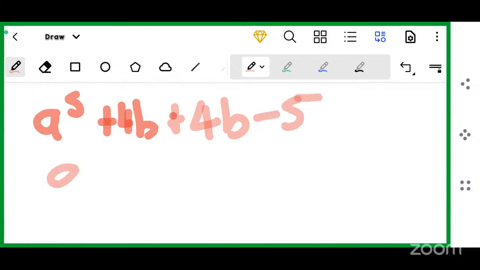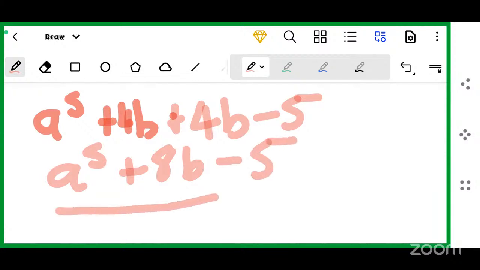So we're gonna have the answer as a to the power of 5 plus 8b minus 5. So I'm asking you to tell me these first two.